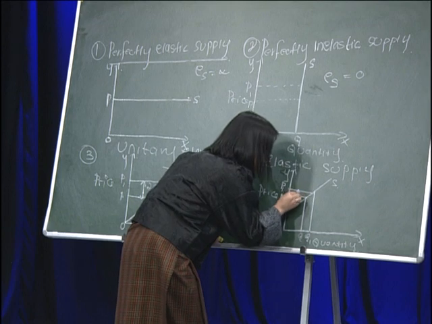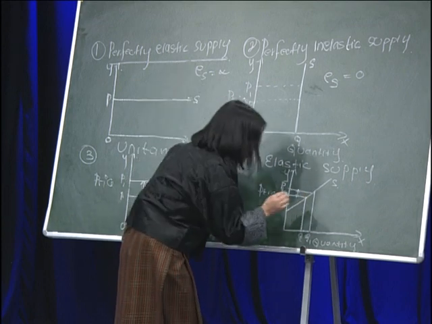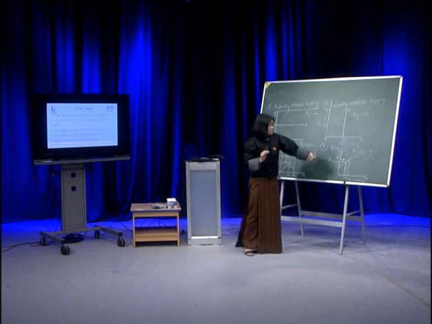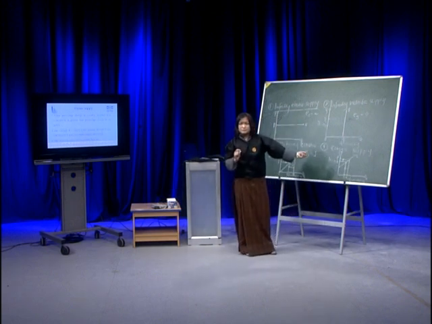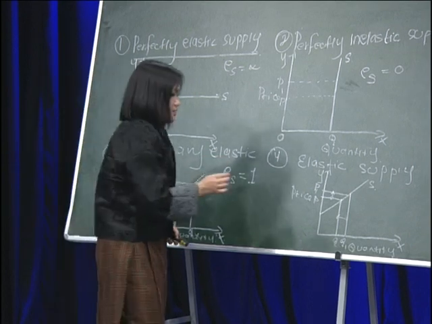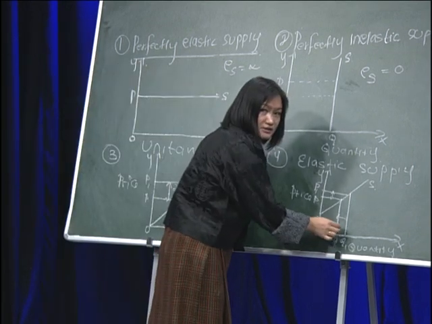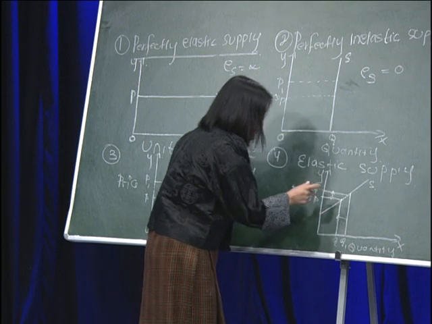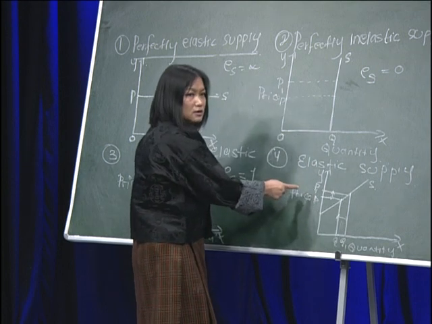The gap between P and P1 and then the gap between Q and Q1. Can you tell me which one is larger? Yes, the gap between Q and Q1 is larger than the gap between P and P1.